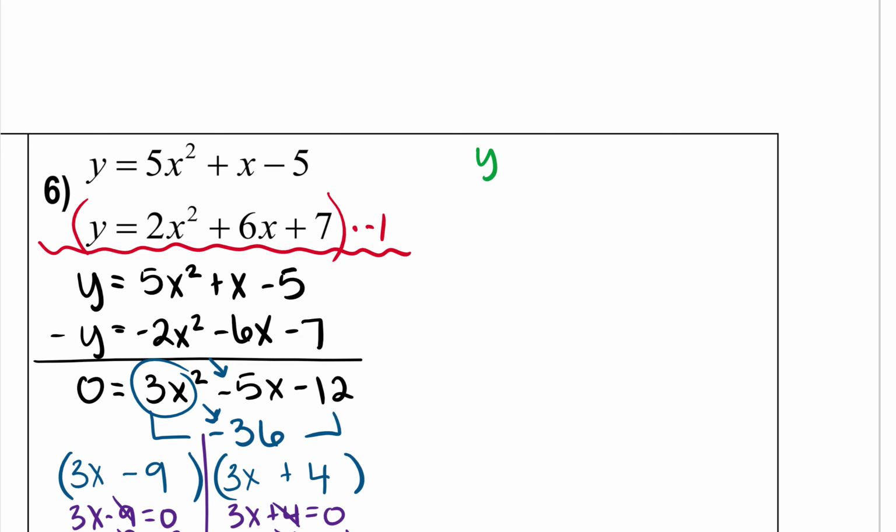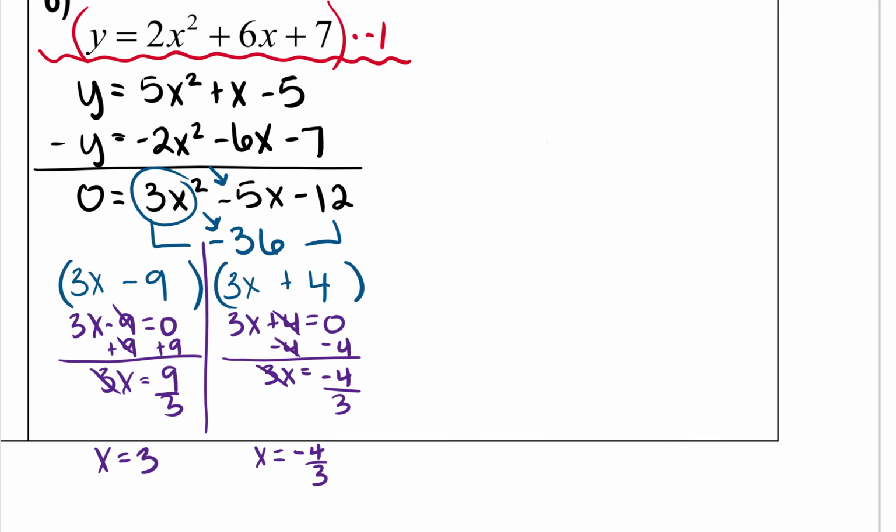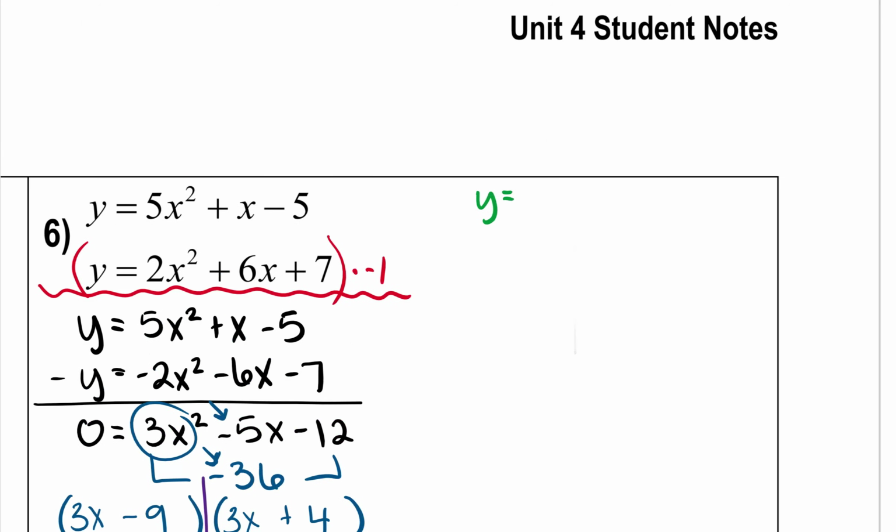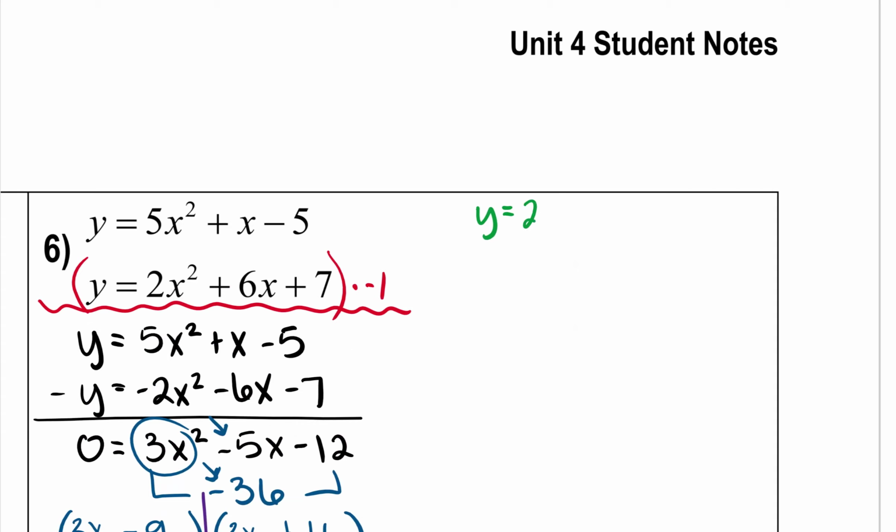So I have y equals, so our first x is 3. I'm going to plug that in. So I have 2 times 3 squared plus 6 times 3 plus 7. Okay, that gives me 2 times 3 squared is 9. 6 times 3 is 18 plus 7.